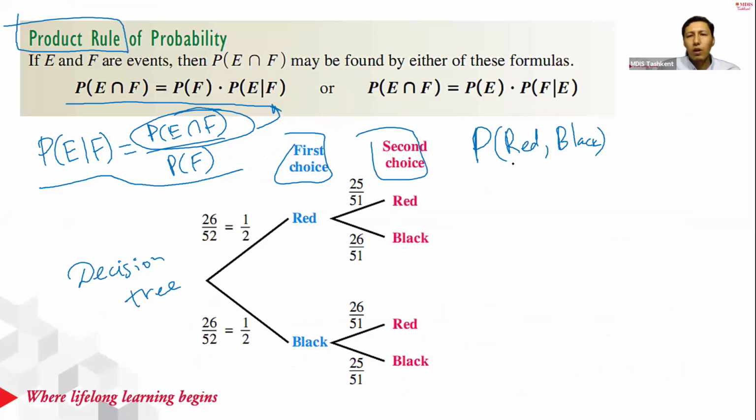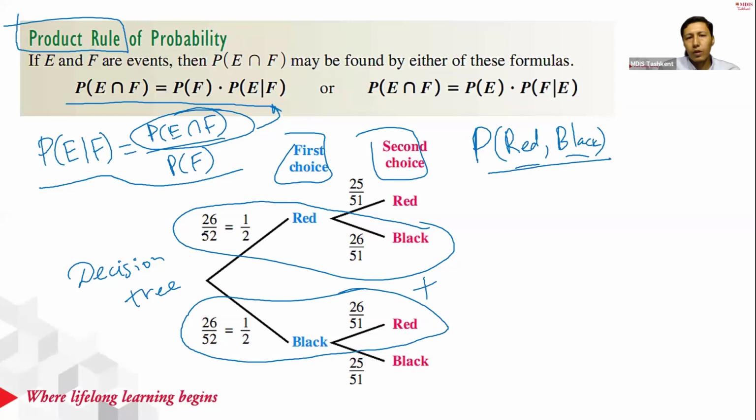So probability of choosing red and black can be red black or black red. If they say it like this, you have to add these two. You find the product of this one times this, plus this one times this one. That gives you the probability of choosing red and black.